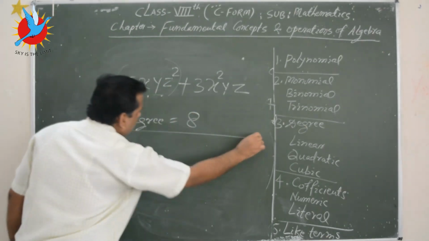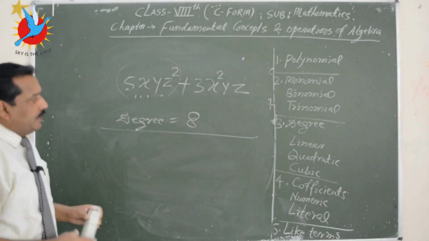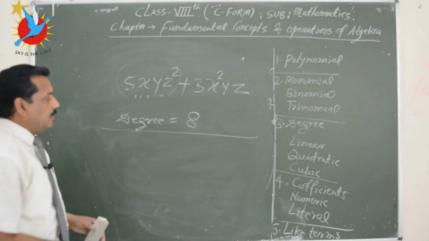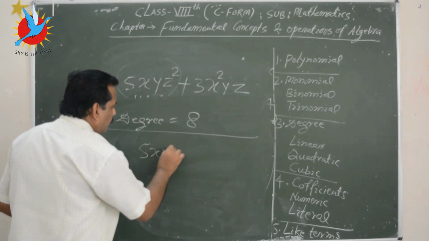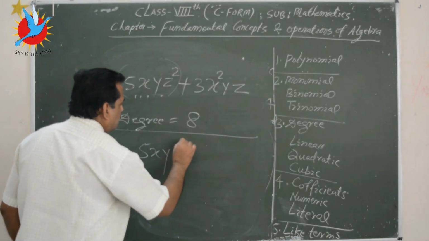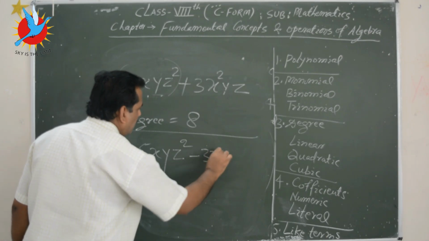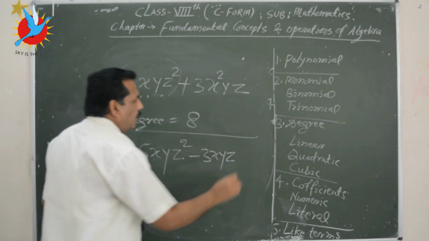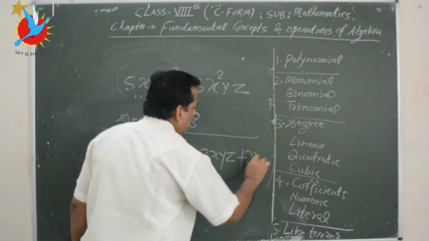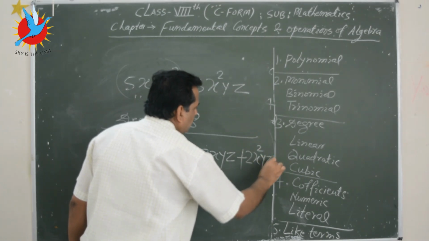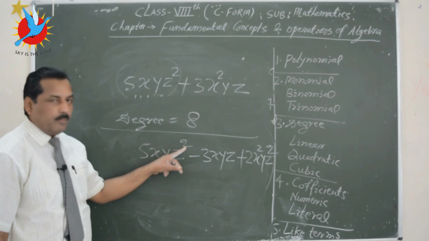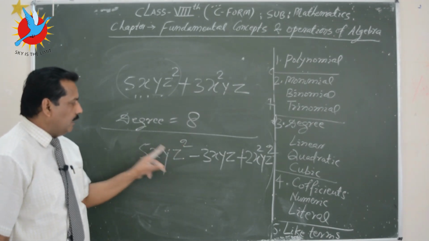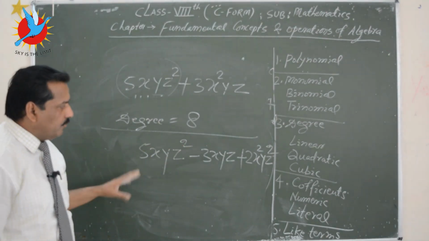I am taking another example. For example, no need to do it so stepwise, you can just count it: 5xyz² minus 3xyz plus 2x²yz². Let us count it. The powers are 2, 1, 2, 1, 3 and 1, 4. Keep it in your mind, 4.